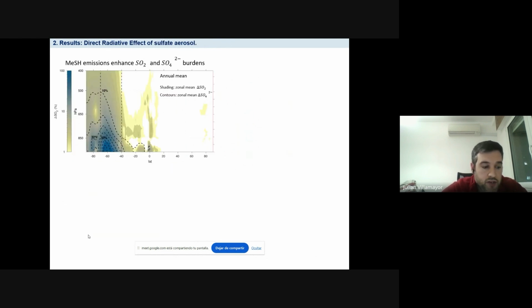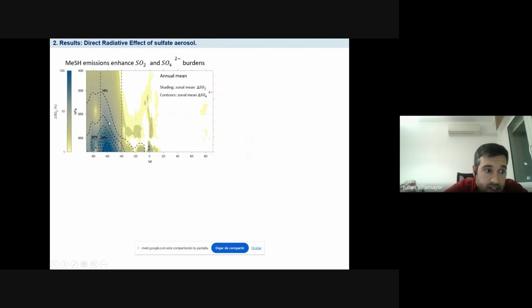So the wider distribution of volatile methylated sulfur is coherent with an increment of SO2 production over the Southern Ocean, represented here in colors, doubling its budget near the surface.